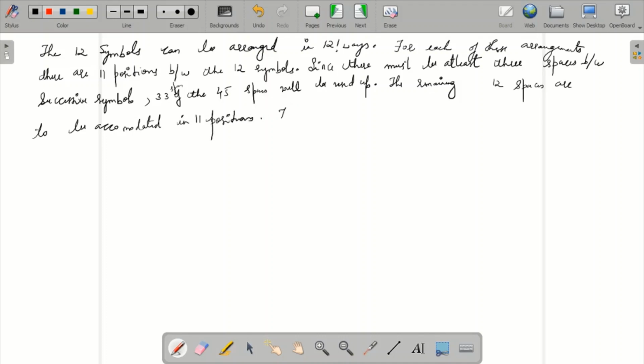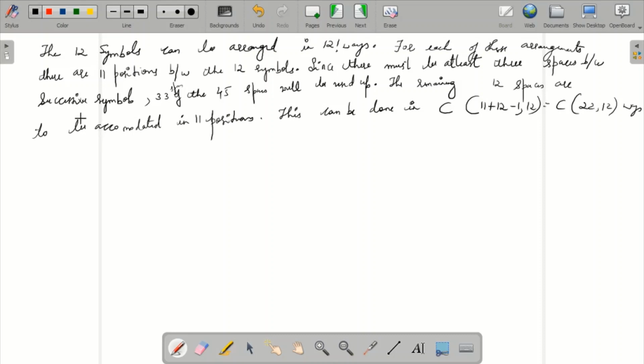This can be done in combination of 11 plus 12 minus 1 comma 12, that is equal to combination of 22 comma 12 ways.